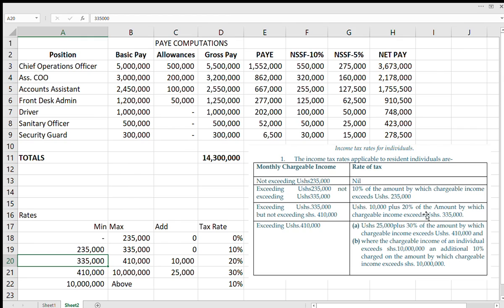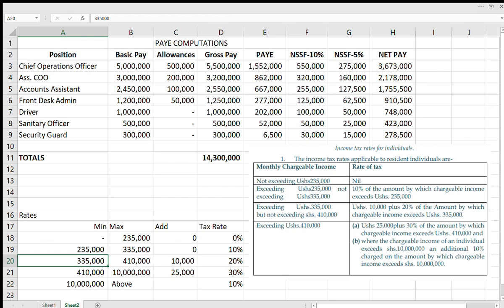We shall go into that detail, but if it exceeds 335,000, the difference above 335,000 is the amount we shall use to calculate the 20%.